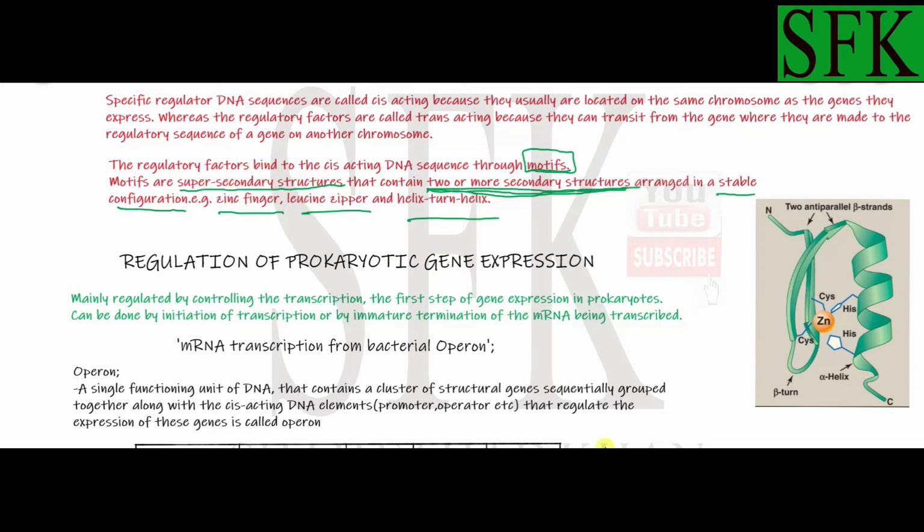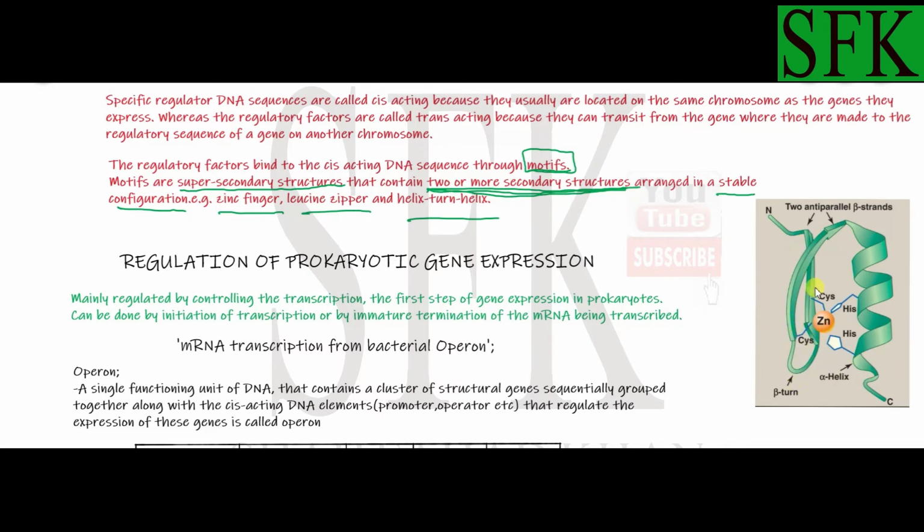Right, so I've made a diagram of the zinc finger over here on the right hand side. I've taken this from Lippincott Illustrated Reviews for Biochemistry, your textbook. It contains two antiparallel beta strands, an alpha helix, and a beta turn as well.